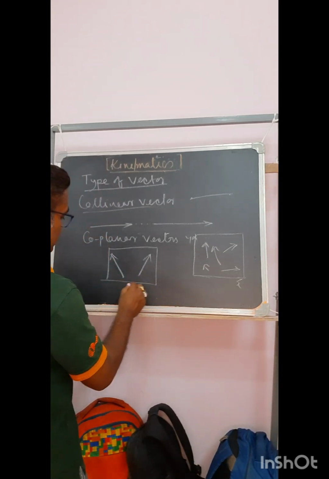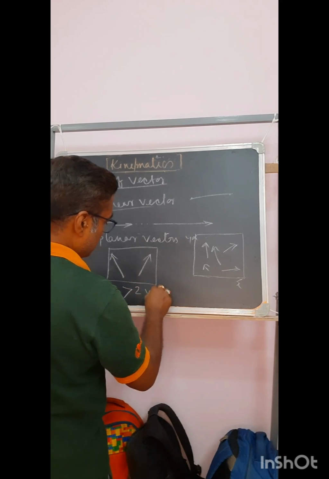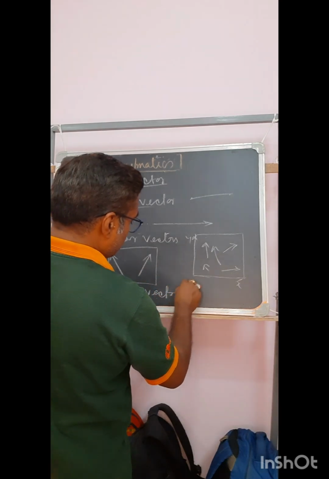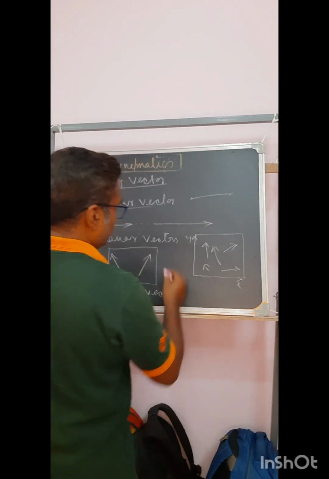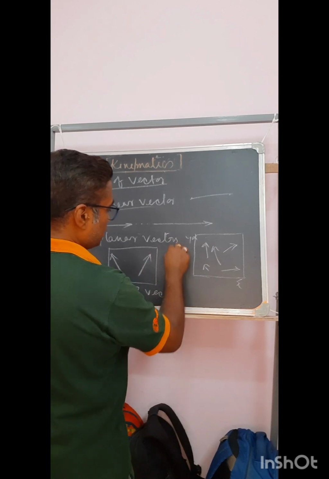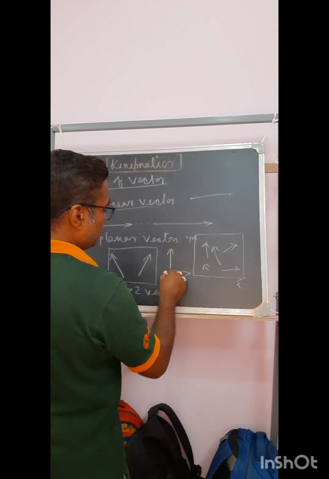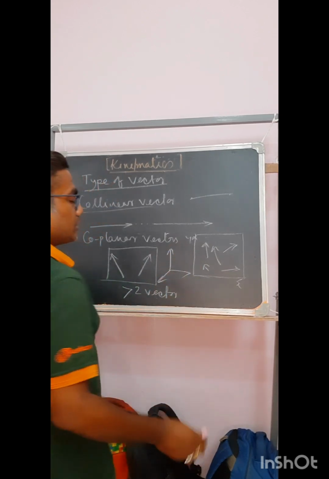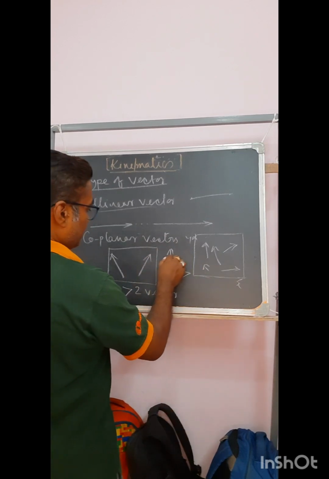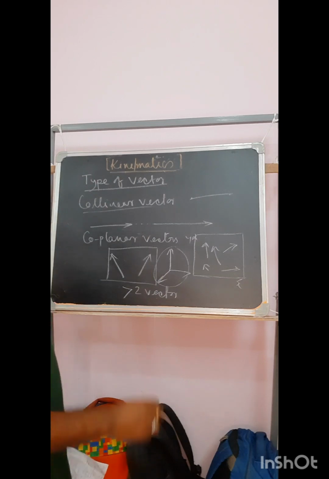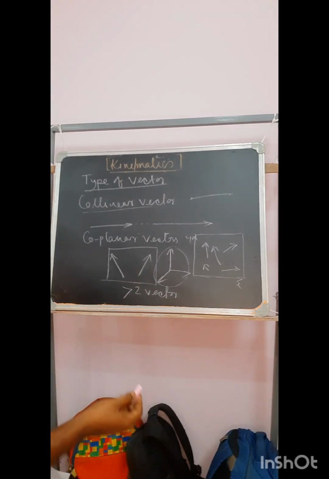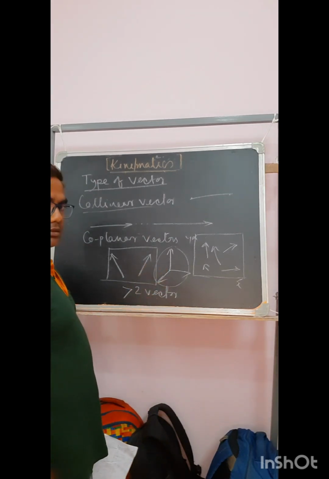But if there are more than two vectors, then we cannot say that they lie in the same plane. There may be two in one plane and the other is not. They may lie on three different planes if I combine them. I have discussed this kind of system, the Cartesian coordinate system.